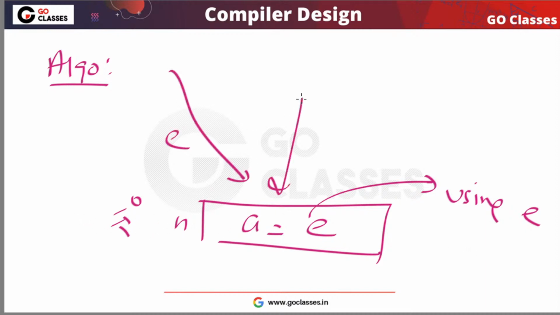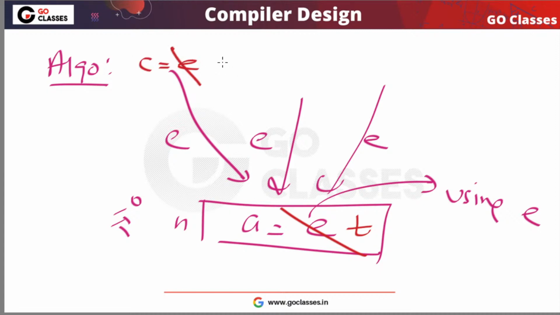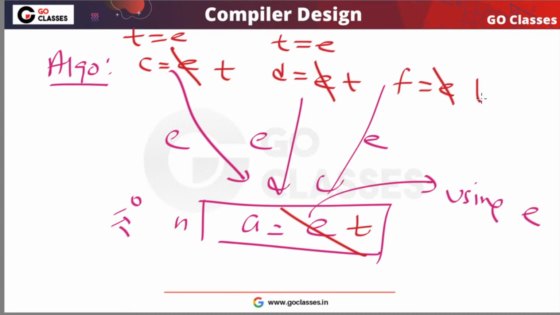So e is coming from here, here, and here. Then what will you do? I told you that you will put it in t, then go back and find where this is. For example, you will replace this with t. Correct or not? Do you agree? This is what you will do.